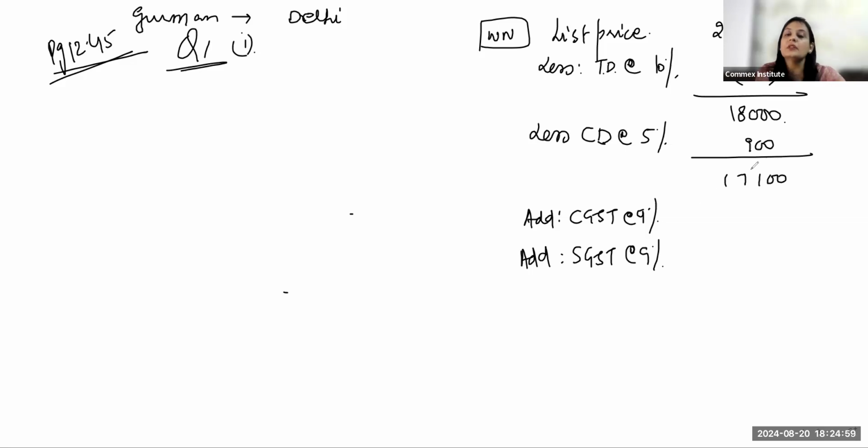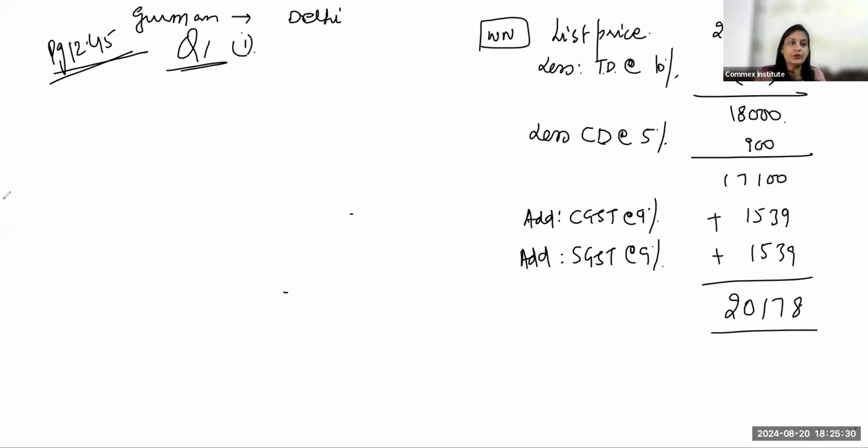So calculate the figures. 17,100 into 9 upon 100 is 1,539, and 1,539 is the taxes which the other party has to pay to us. So the total price becomes 20,178.